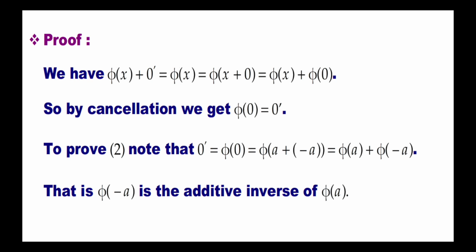So, by cancellation we get φ(0) = 0'. To prove the second one, we note that 0' = φ(0) = φ(a + (−a)) = φ(a) + φ(−a). That is, φ(−a) is the additive inverse of φ(a).